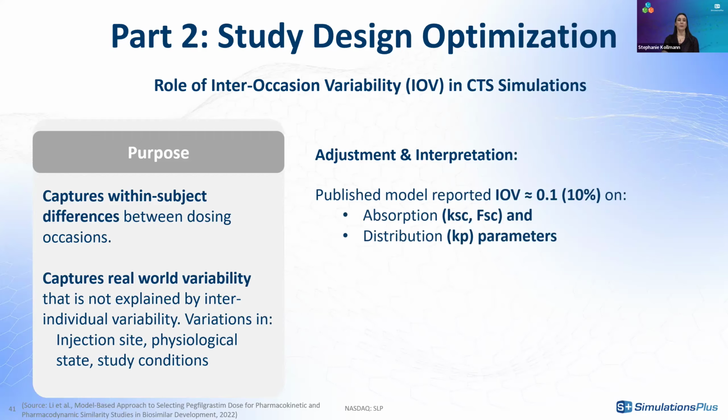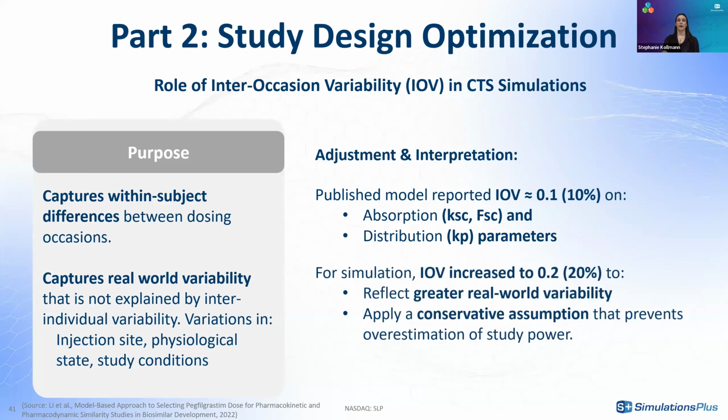The published model reported an IOV of about 10%, but for our analysis, we increased it to 20%. This adjustment reflects greater variability expected in real-world multi-center studies and provides a conservative estimate of study power.